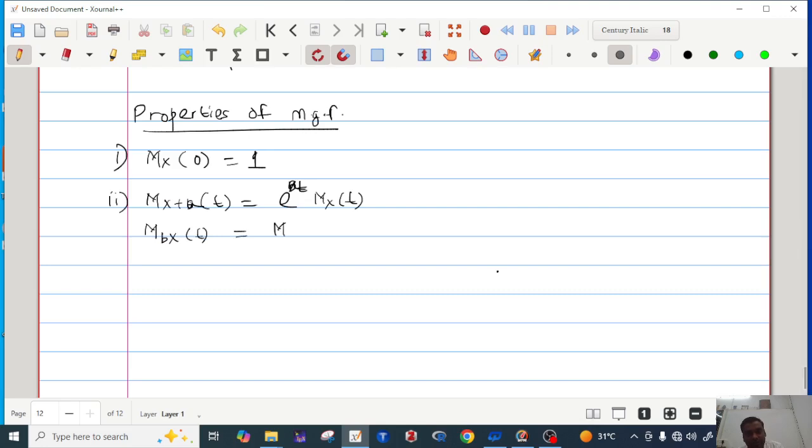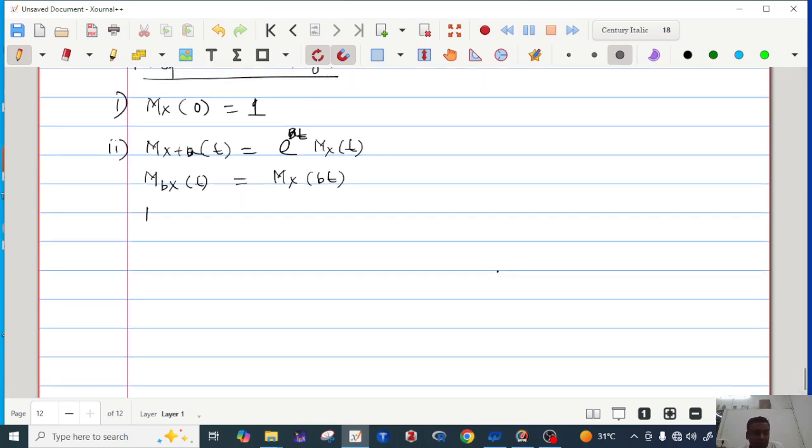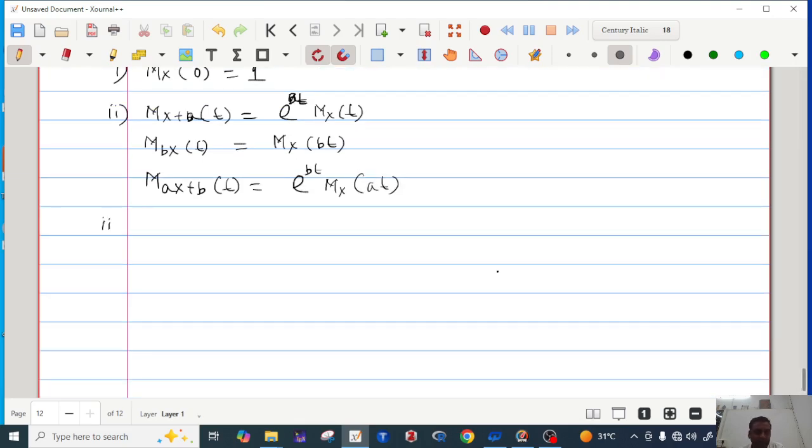If you change the scale, multiplying by a, you will get MX of at. If you consider change of origin and scale both simultaneously, that is aX plus b, it is e raised to bt times MX of at. This is the second property.